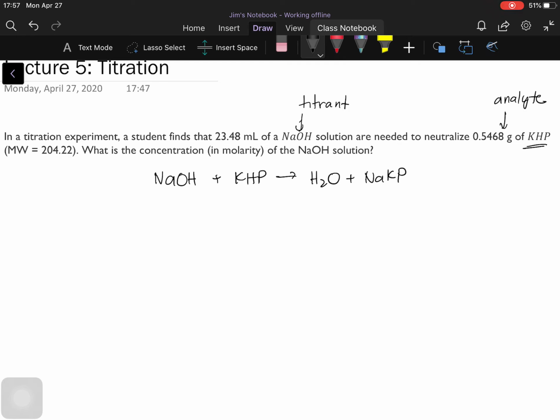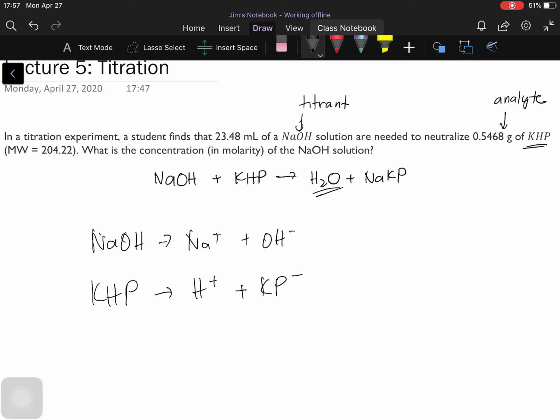How come we were able to come up with water? Remember that sodium hydroxide produces sodium ion and hydroxide ion. KHP, on the other hand, produces hydronium ion and potassium phthalate ion. The hydrogen and the oxygen here combine to form water.